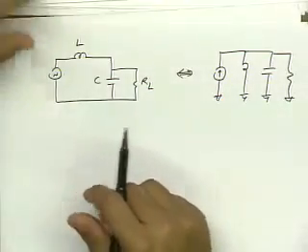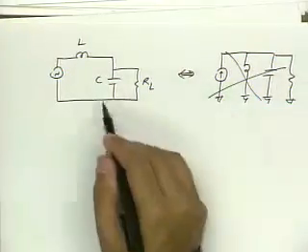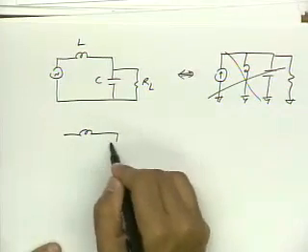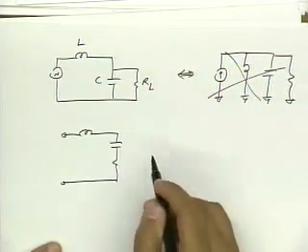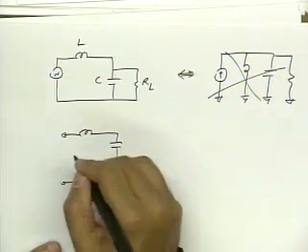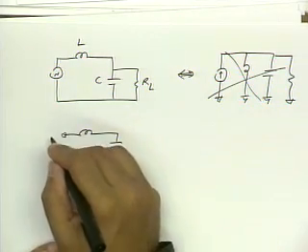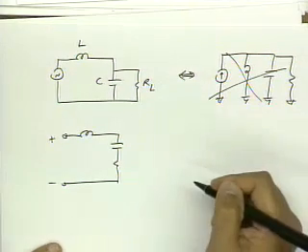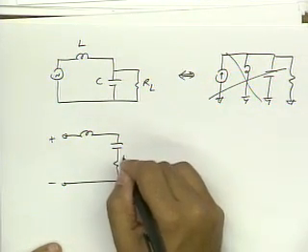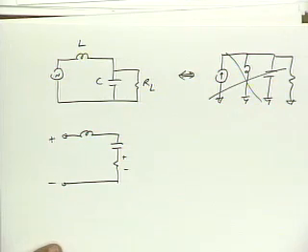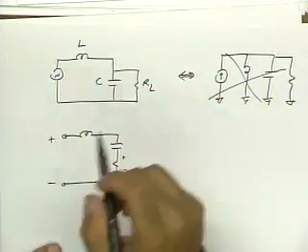So the idea is if I transform this into a series circuit to understand what's happening, then whatever voltage I apply here at resonance gets applied here. That's not what I want.